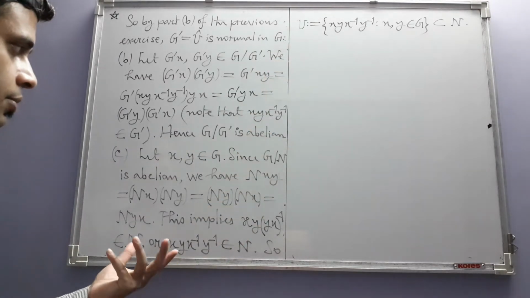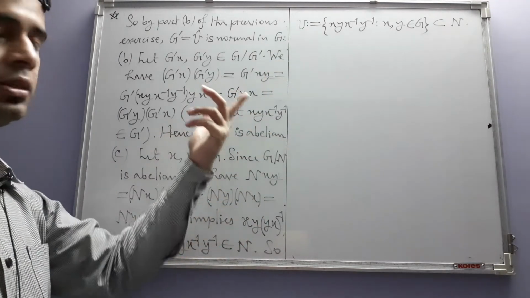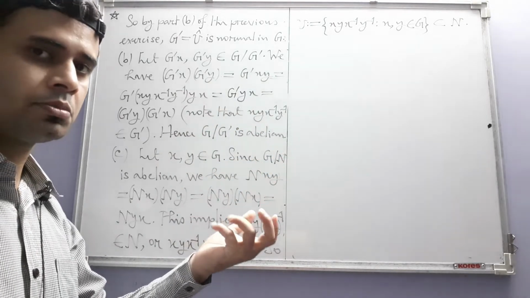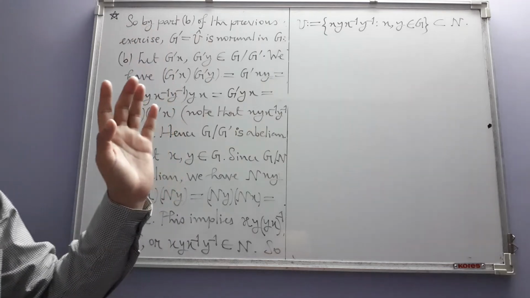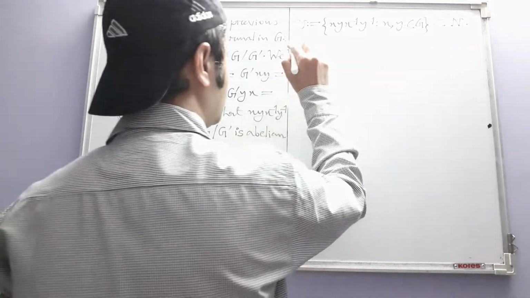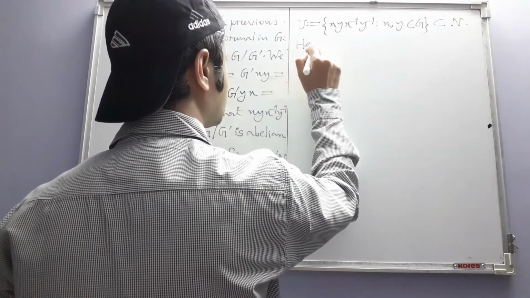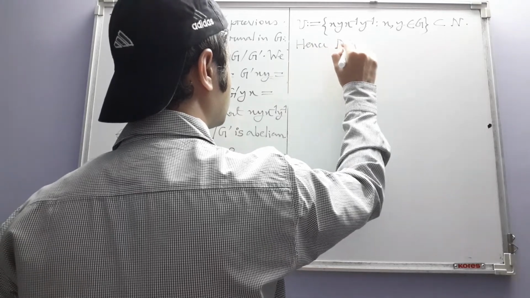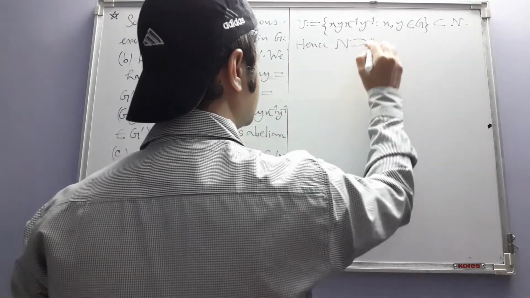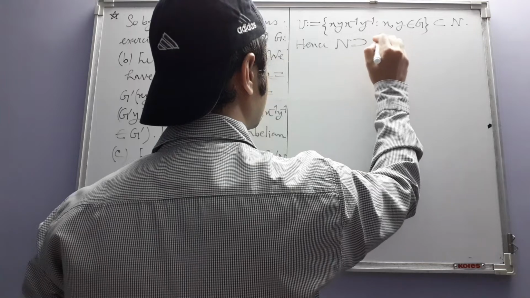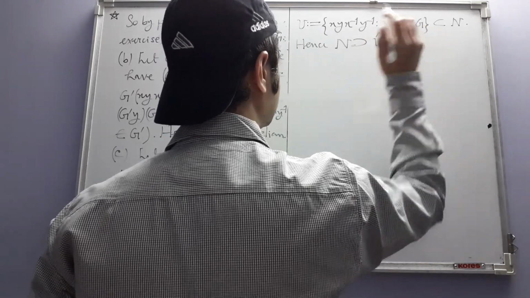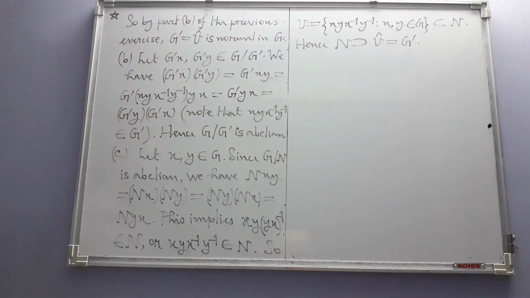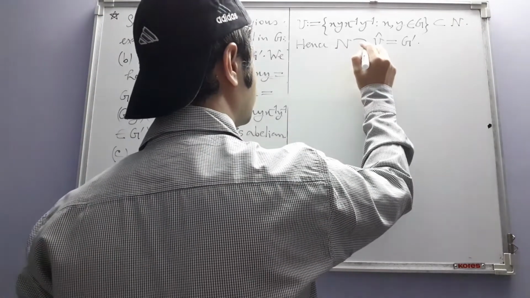So the subgroup generated by this set, which by definition is the smallest subgroup of G containing this set, will be contained in N. Hence, N contains the subgroup generated by U, which is G prime. So that's how we get this inclusion.